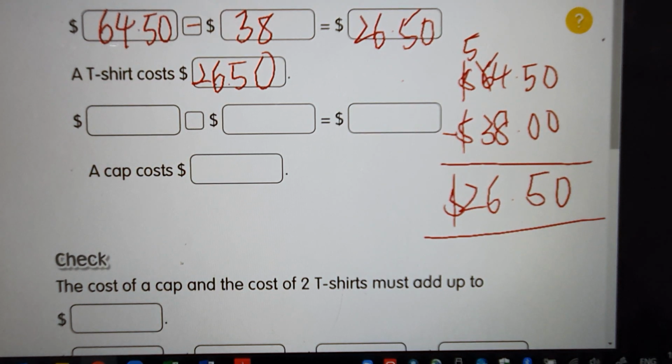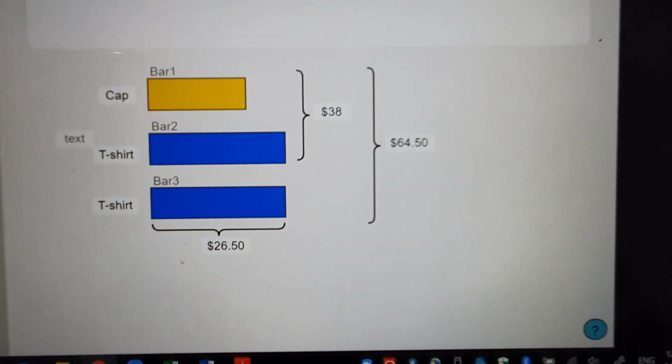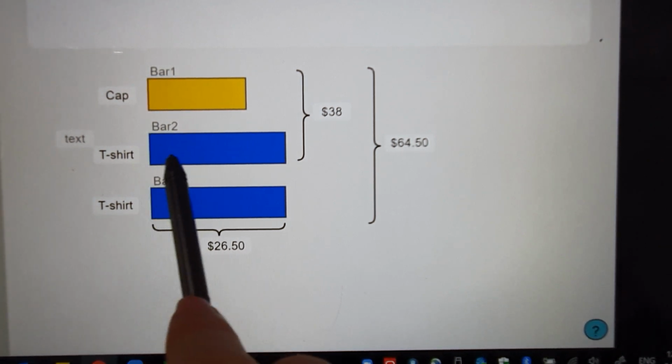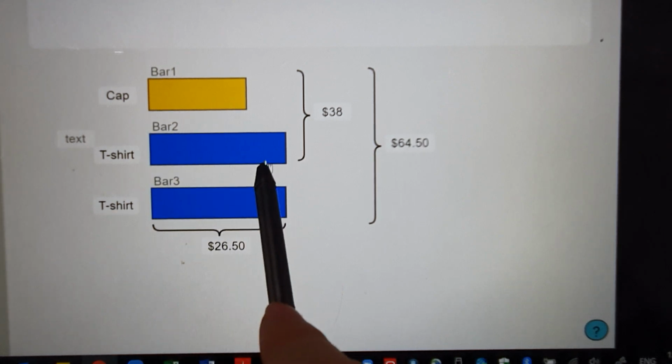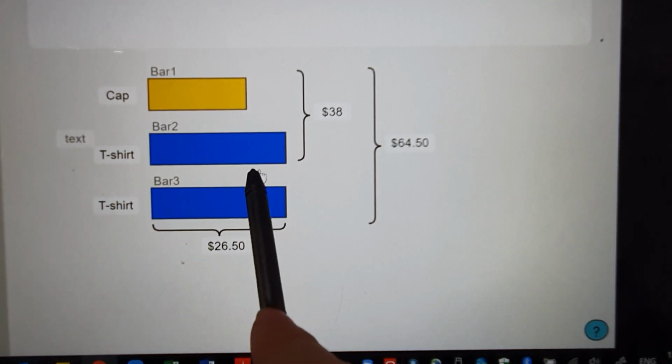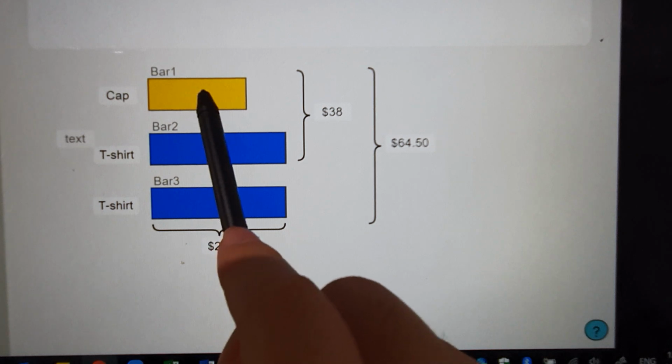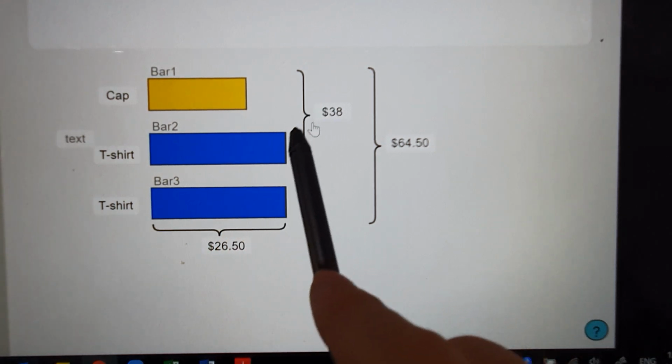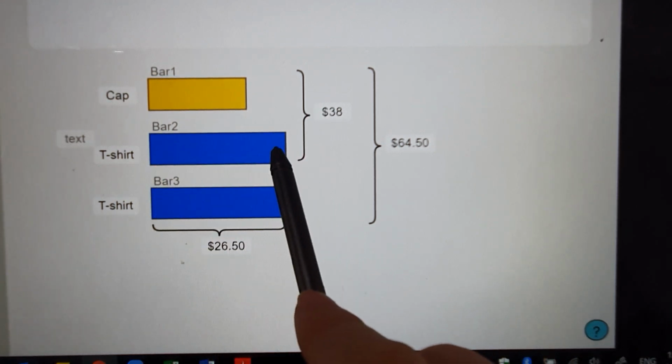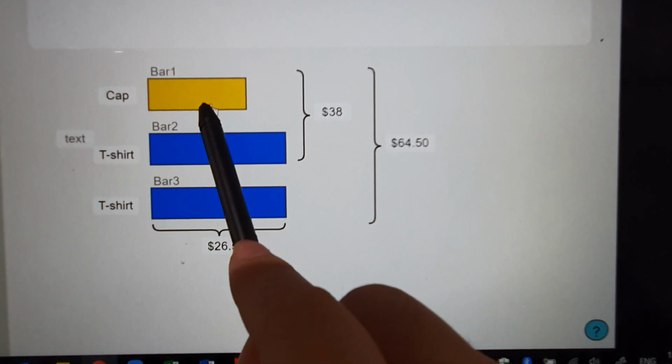So now, let's look back at our model. Okay, in my model, I found out that a t-shirt costs $26.50, meaning this same t-shirt will also cost $26.50. So I know that this t-shirt and this cap cost $38. If I take away the price of the shirt, I will be able to find the price of the cap.